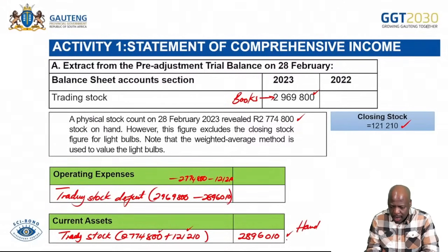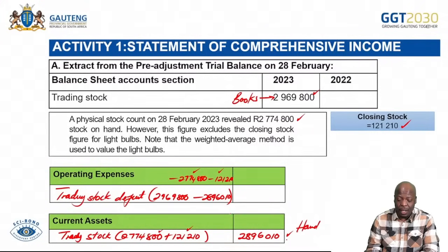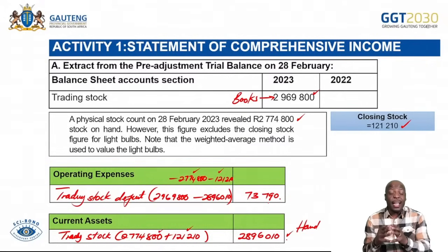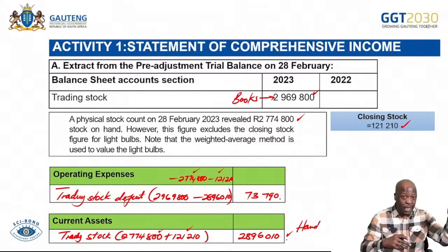It would still come to the very same thing. So here you simply broke those two apart, but here you're subtracting it as a full amount, and then eventually you get a trading stock deficit, which is how much? 73,790.